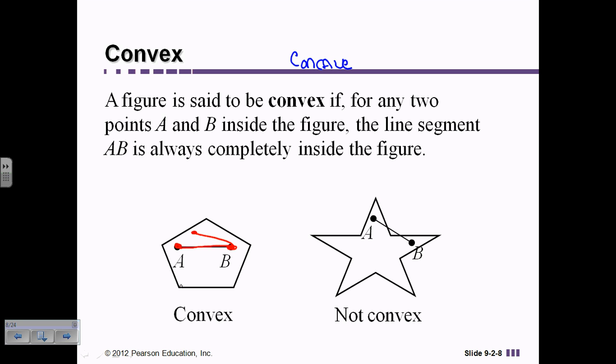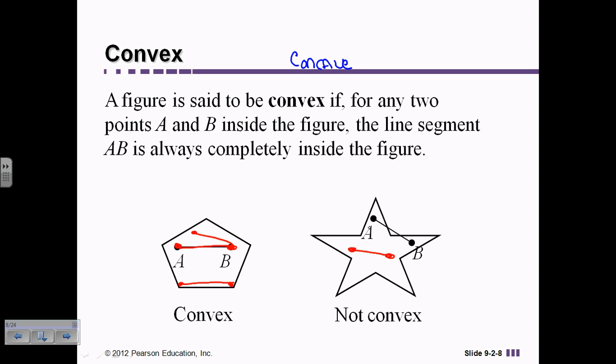If I pick an A right here and a B right here and draw a segment between them, it's inside the picture. So no matter where I pick A and B in the picture, as long as when I connect them together, the entire segment AB is in the picture. On this one, I can pick an A and a B value right here, and I can connect them together, and I can say the segment AB is inside the picture.